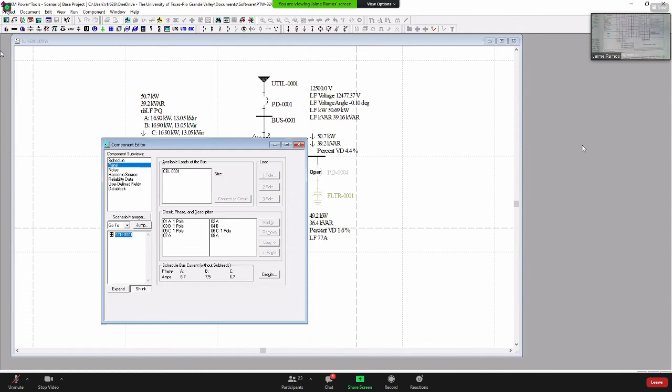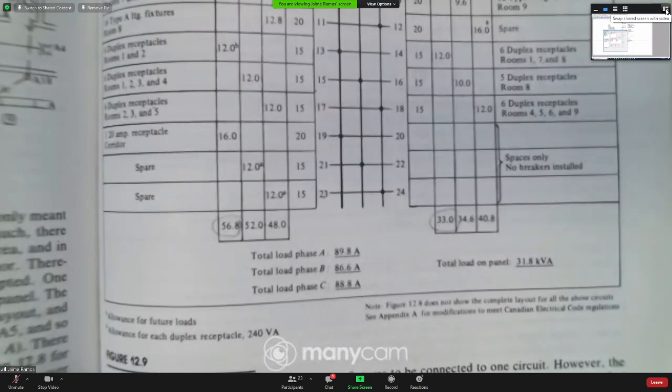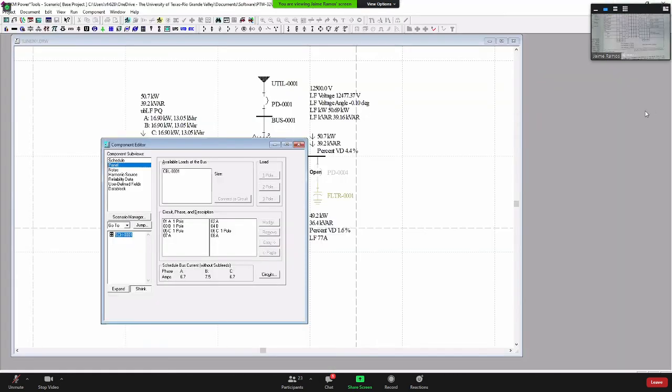So there is going to be a homework. I'm going to post some notes so that we can upload in one of these breakers a number of luminaires, and then of course we need to know how many amps the luminaire must take. So it's going to be interesting.